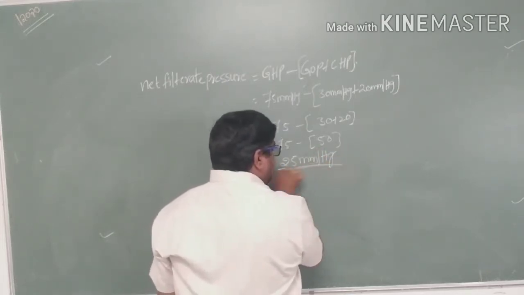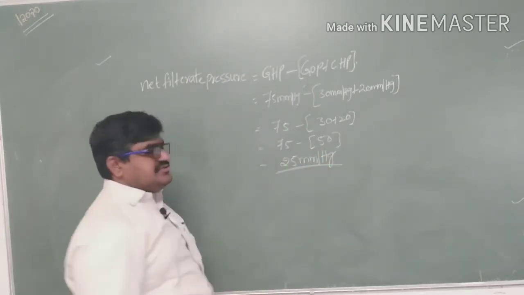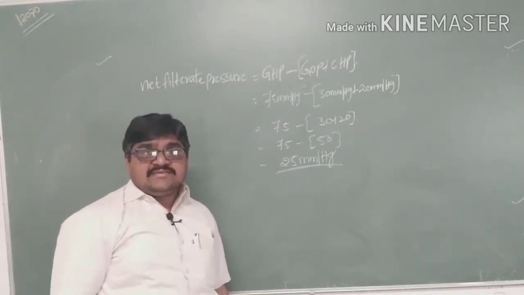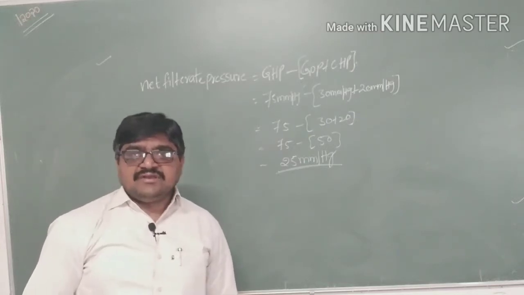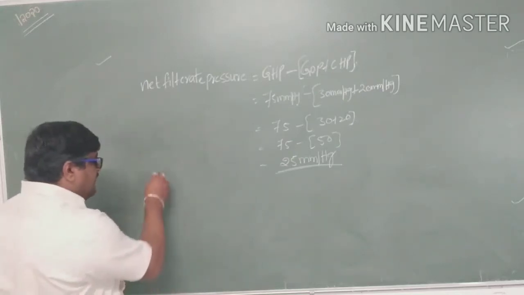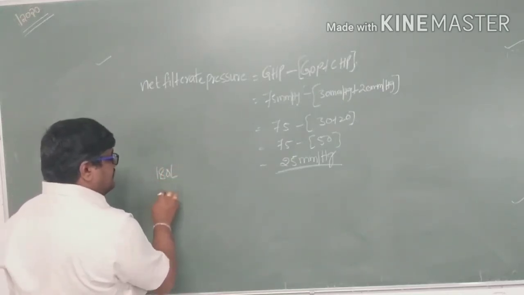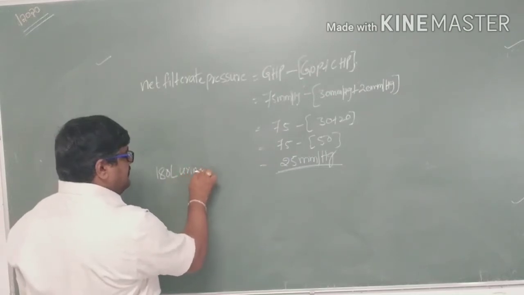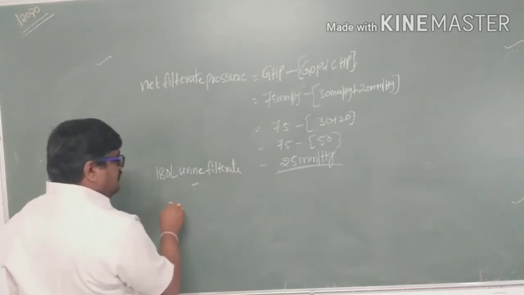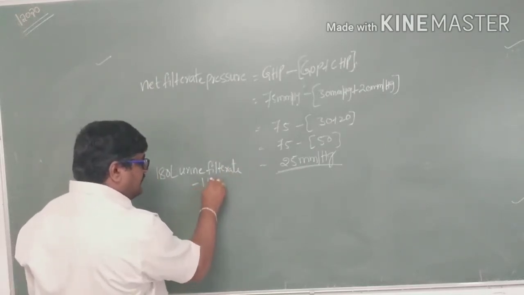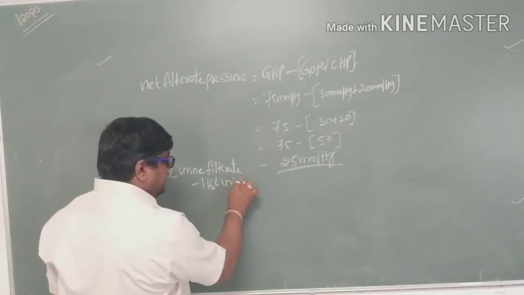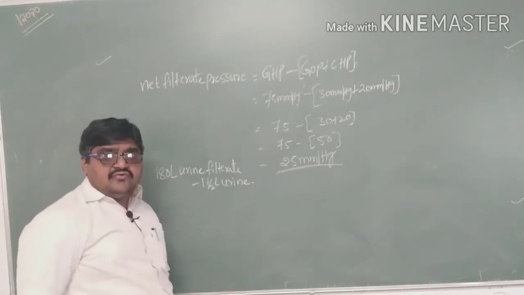So here the net filtration pressure is equal to 25 mmHg. Each kidney, that means the pair of kidneys present, together helps in the filtration of 180 liters. Out of these 180 liters, only 1.5 liters is eliminated in the form of urine.